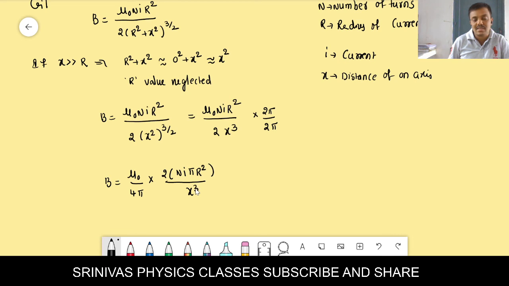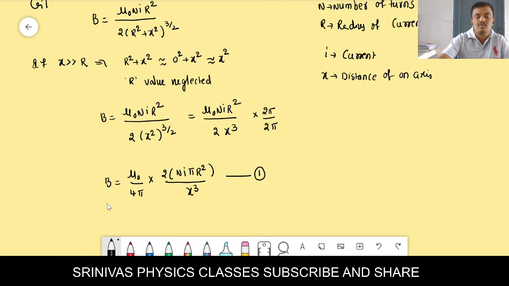What I am doing is just rearranging the letters in the equation: mu naught by 2 into 2 pi is 4 pi, then the 2 we write aside, and N I into pi R square over x cube. This we can consider as equation 1.